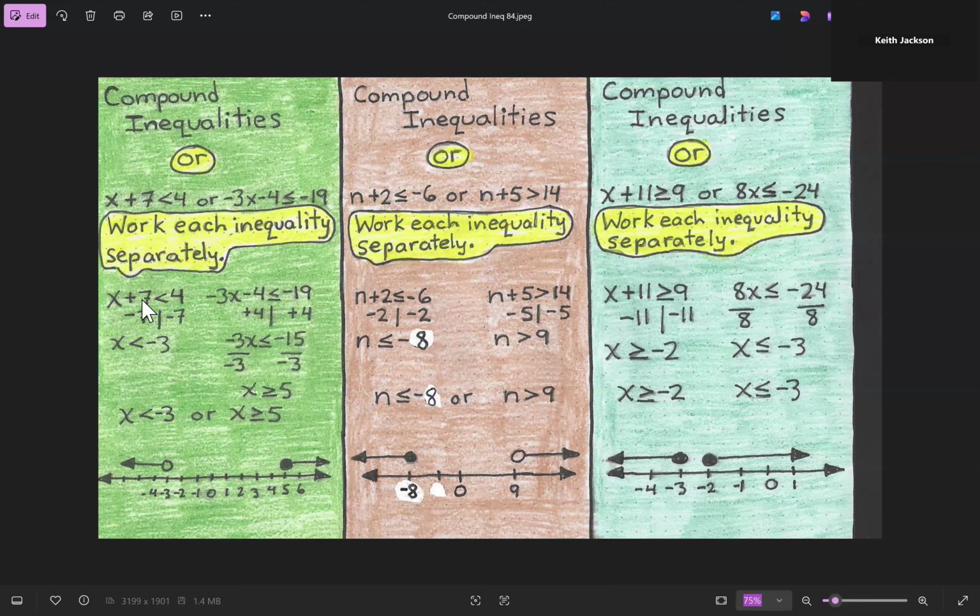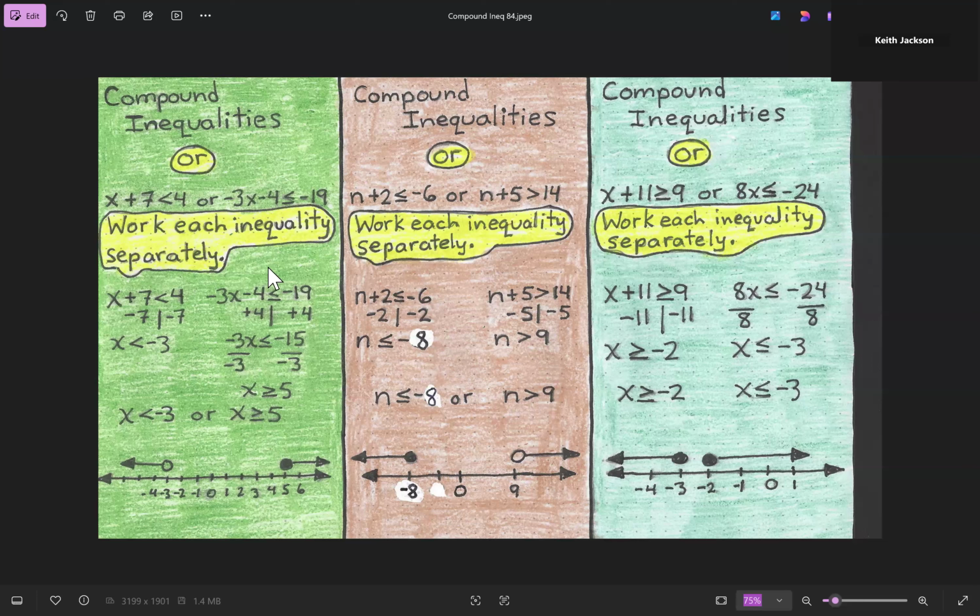The reason why we're subtracting 7 from both sides is because we have this positive 7 here, and we're just going to do the inverse of positive 7, which is negative 7. And when we do that, we will discover that x is less than negative 3, because 4 minus 7 will give us a negative 3. And this is why we have an open circle above the negative 3 with the arrow going left.